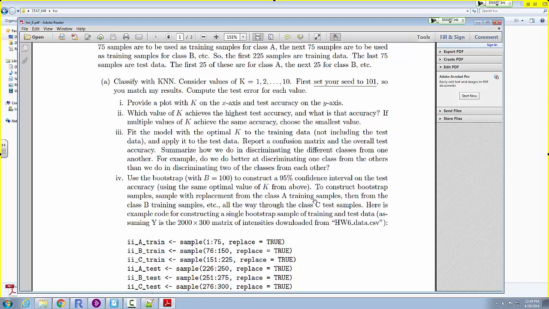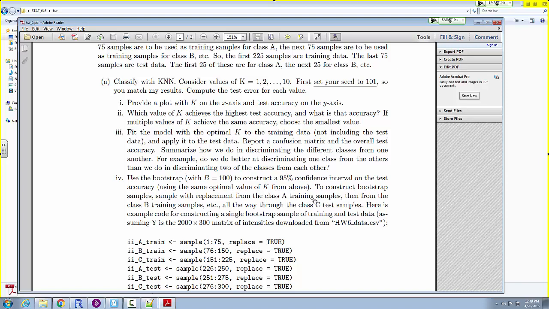And part 1, take the training data, which is the first 225 samples, and fit the KNN model for K equal to 1 to 10. So you have 10 fitted KNN models. Apply each one of them to the test data to get an accuracy.